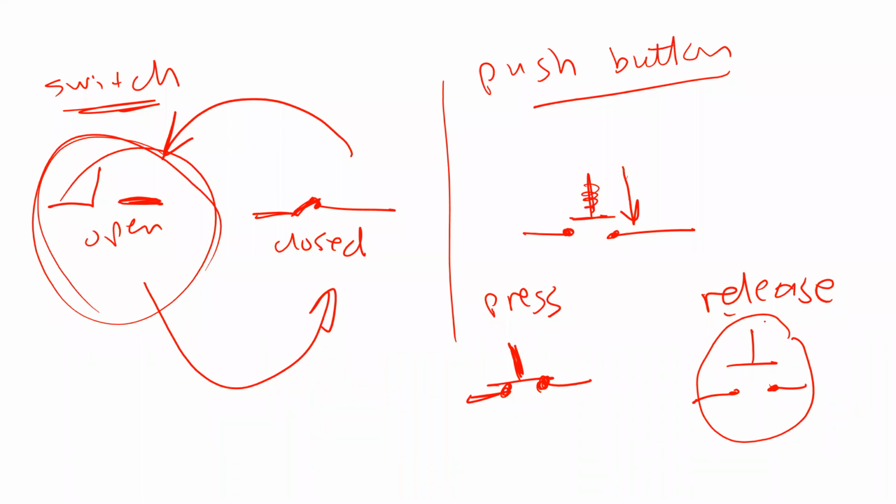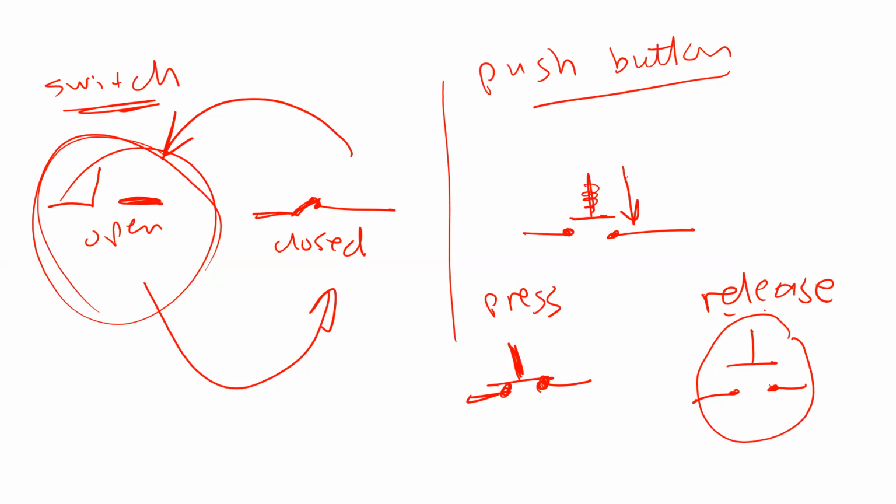Once you release, all the time it is open. Any question here? You can see the main difference between switch and push button. A switch, if it is open, is gonna continue open forever until you change it. A push button is different. All the time it is open. Once you press, you connect. Once you release, it's gonna open again. Is that okay?